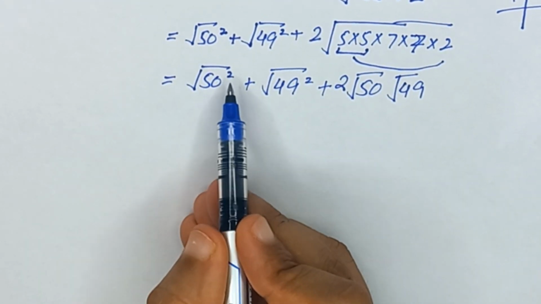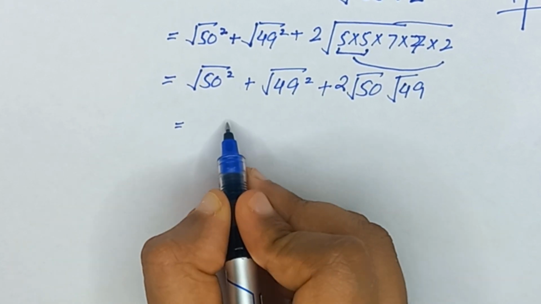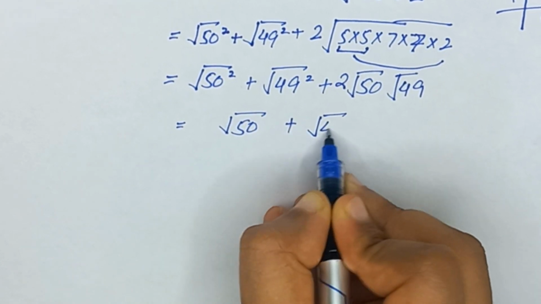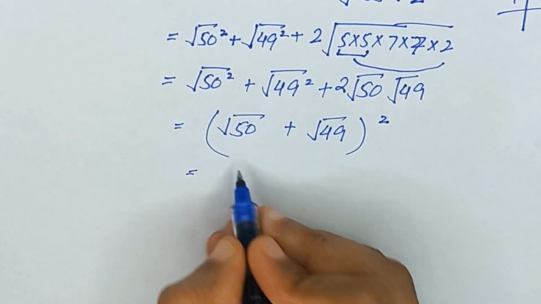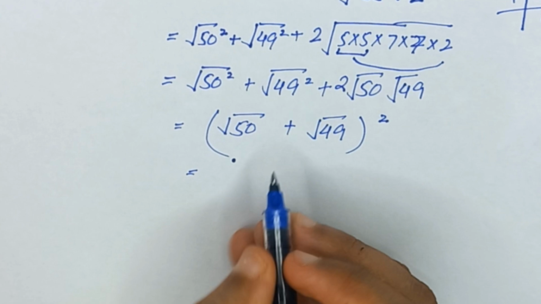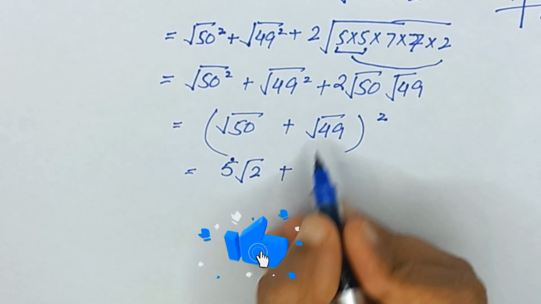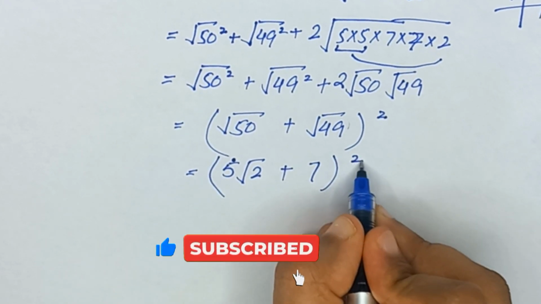Now it is in the form of a square plus b square plus 2ab, so we can write it as a plus b whole square. And it can also be written as 5 times square root of 2, since 50 is the same as 5 square root of 2 squared, and the square root of 49 is 7, plus 7, whole square.